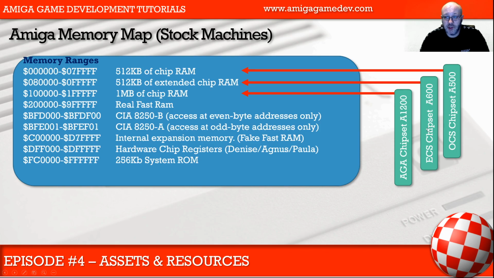If you had an ECS machine, which was an A600, you'd get 512k of chip RAM as well, so that would give you 1 meg. And if you bought an A1200 machine, you'd get another 1 meg. And if you wanted to allocate chip RAM, you would typically be given a range of memory in the operating system from 0 through to whatever these ranges are, whatever was available in the machine at that time.